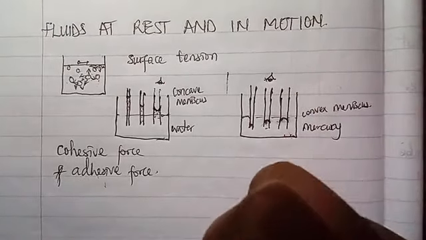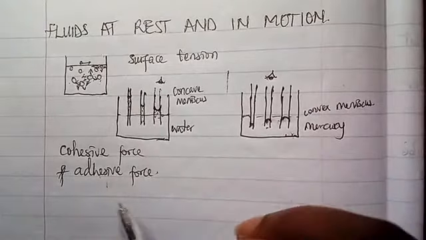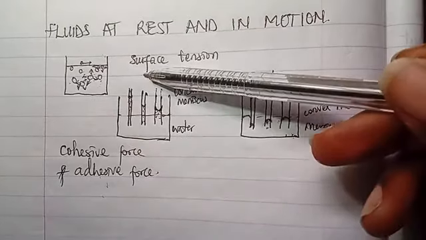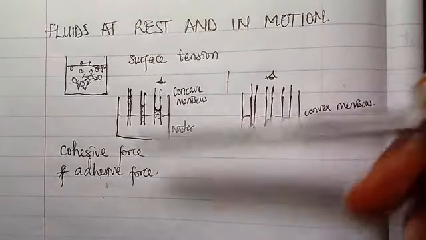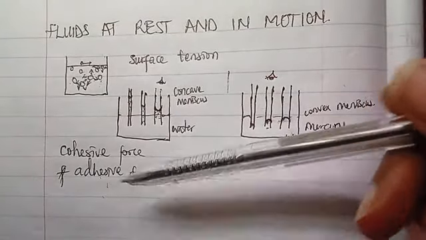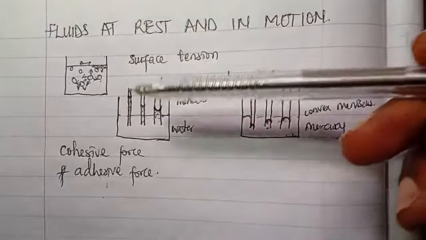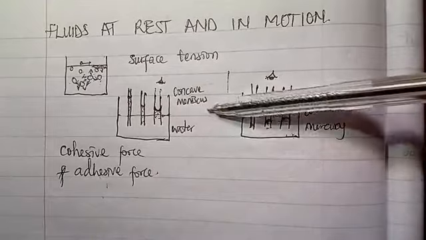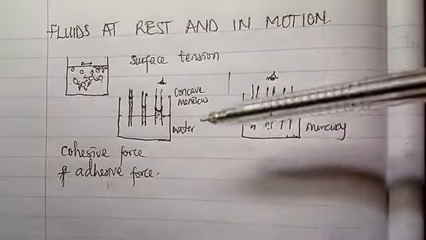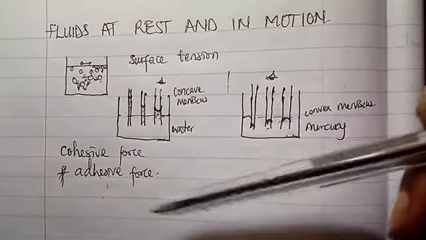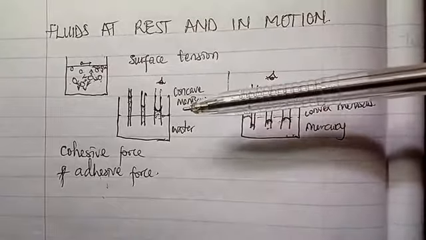Now, we've seen the forces that cause this. Sometimes you'll be asked, why does water rise in a capillary tube? You just say, water rises in a capillary tube because the adhesive force between the water molecules and the glass molecules is stronger than the cohesive force between water molecules. Also, why does water wet glass? And why does water form a concave meniscus? They are all the same reasons.